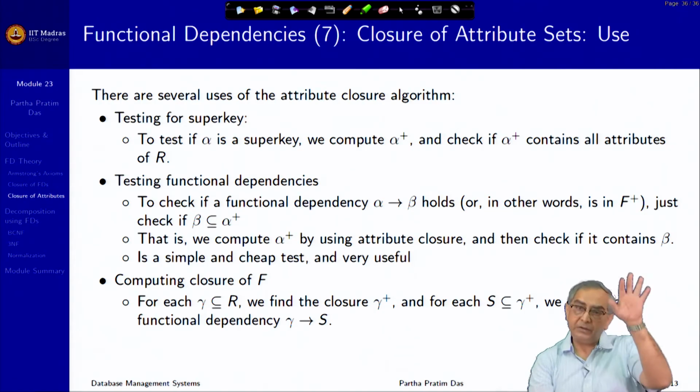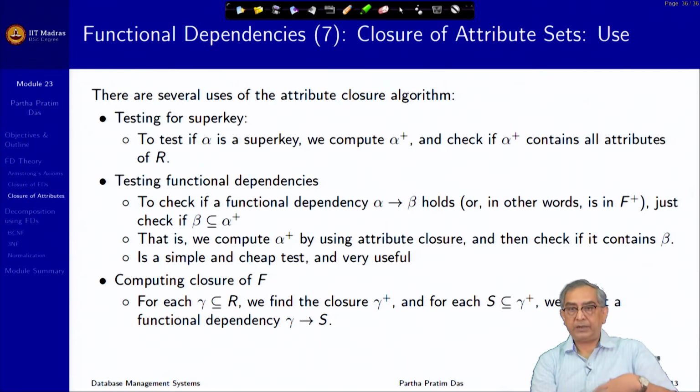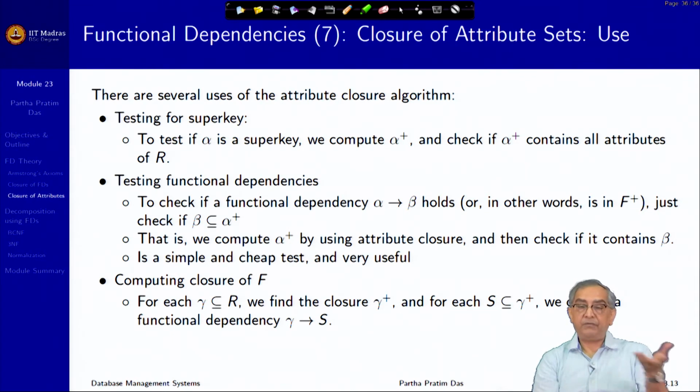Right? You can do that, but it is a more expensive process. But all that you need to do is to check if alpha plus includes beta. If alpha plus, the closure of alpha, includes beta, then alpha will determine beta. So, you just need to compute alpha plus and see if beta is a subset. So, it is a simple check, quick and useful.